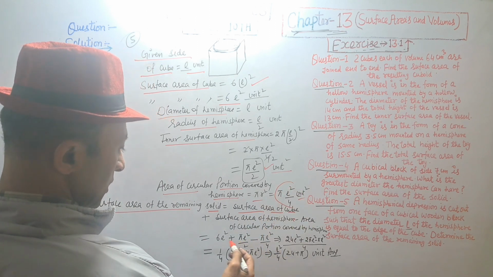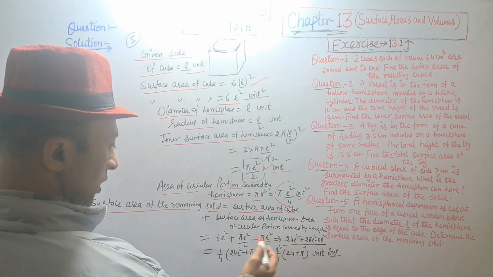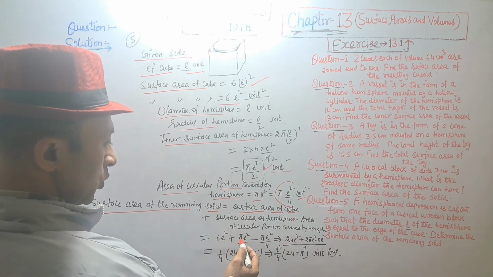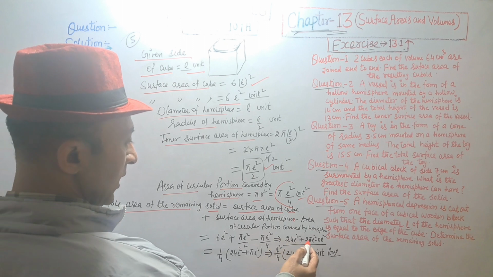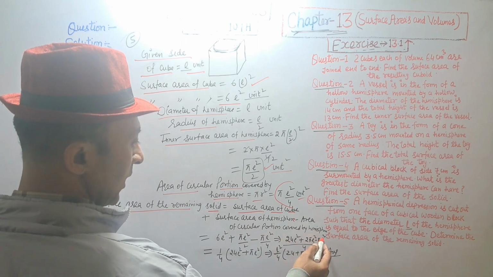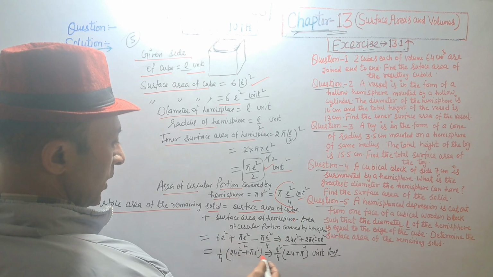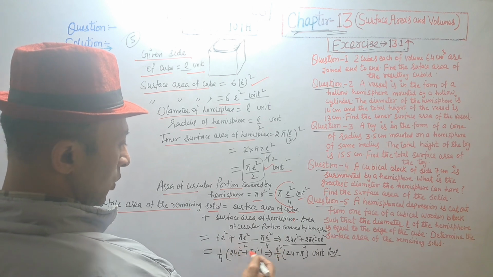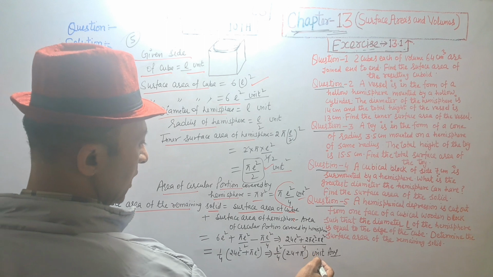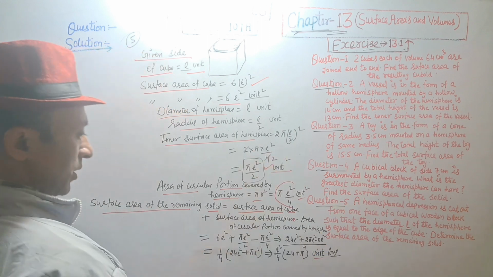And LCM is 4. 24L square plus 2 pi L square minus pi L square, that is 1 pi L square. L square is taken common, L square upon 4, 24 in bracket plus pi unit square answer.